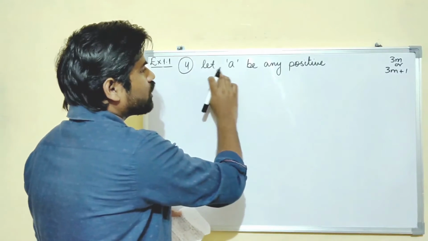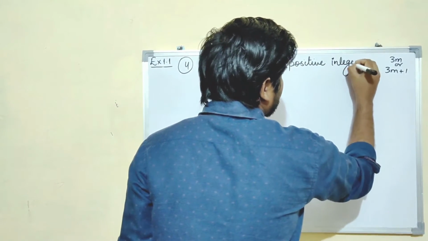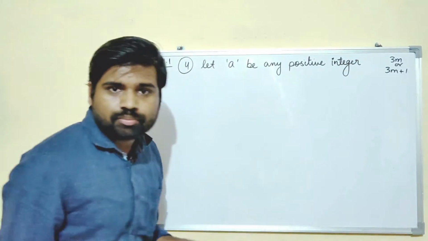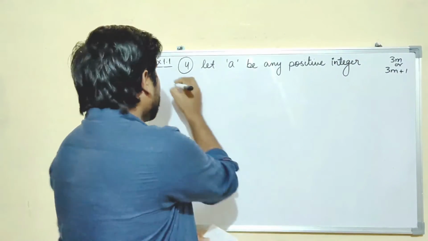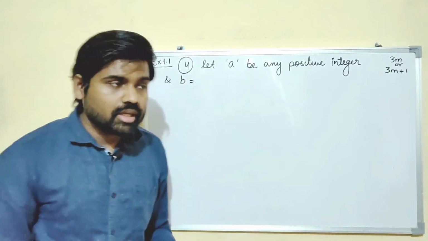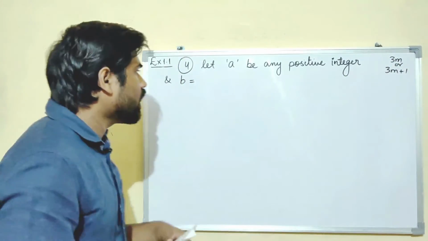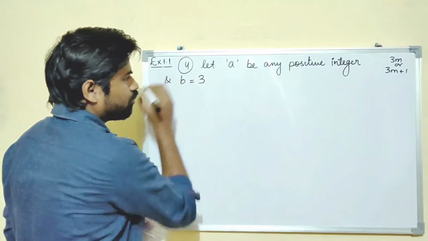That means we have to assume a as any positive integer, right? Now, b equals to, what will be the value of b? This will be the coefficient of m. Okay, the coefficient of m is 3.